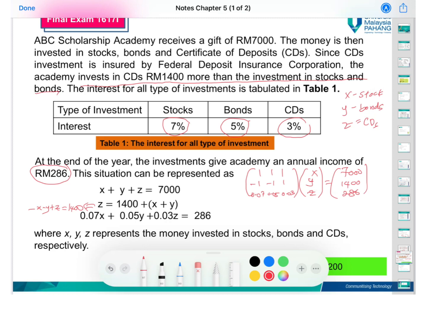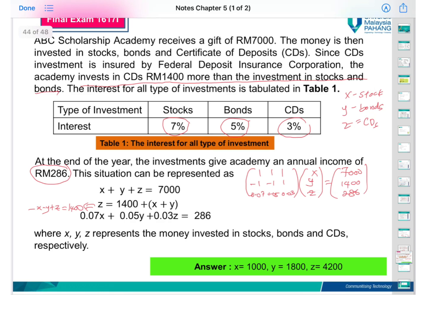Okay, so we get negative 1, negative 1, and 1 equals to 1,400. Okay, so you solve for this one and you get the answer x equals to 1,000, y equals to 1,800, and z equals to 4,200.